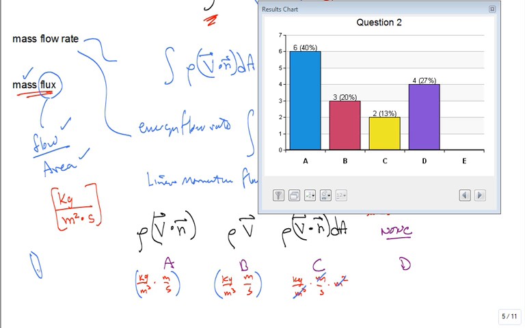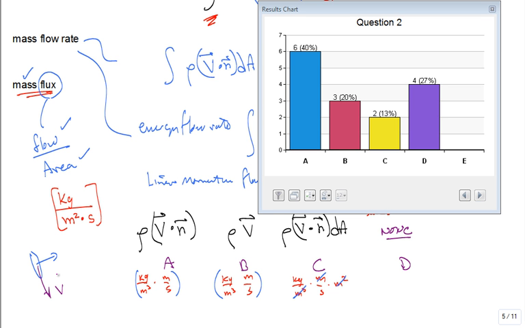Yeah. It could be where the area is pointed this way and the velocity is pointed that way. If it has no flow across it, what is the mass flux?